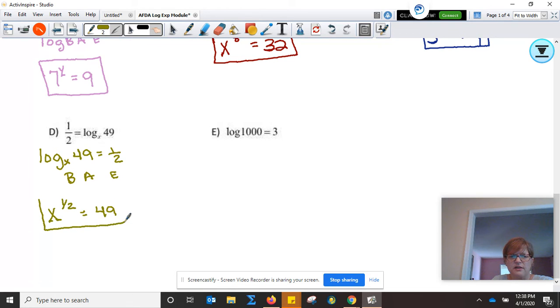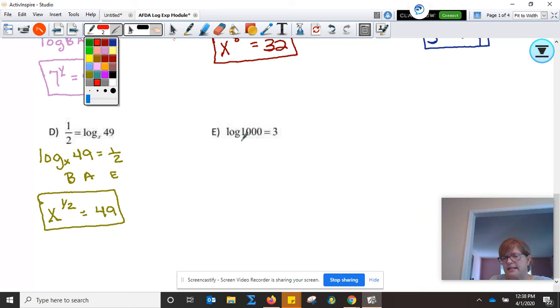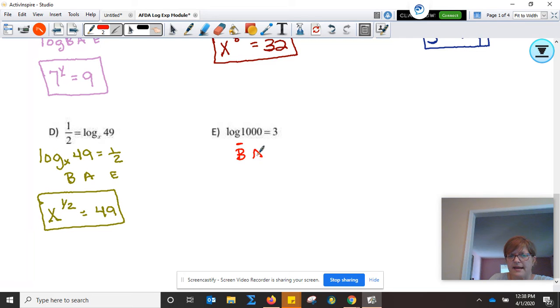We're not solving these, we are just rewriting these. And then our last one. This one does not have a base. So what did we say the base would automatically be? A 10. So that would be B, A, E: 10 cubed equals 1,000.